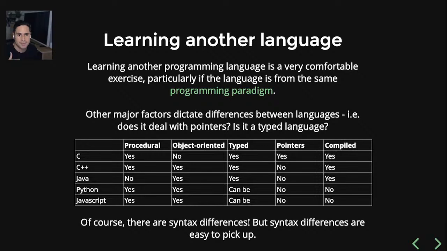Is Python typed? It can be, and the Python team are really building on the typing features with each version of Python. If you look at C, yes, C is definitely typed. And types are one of the big differences between Python and C, and something we'll talk about as well. Does Python have pointers? In this table it says no, and C is yes.